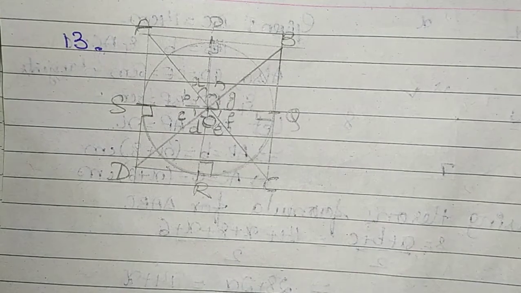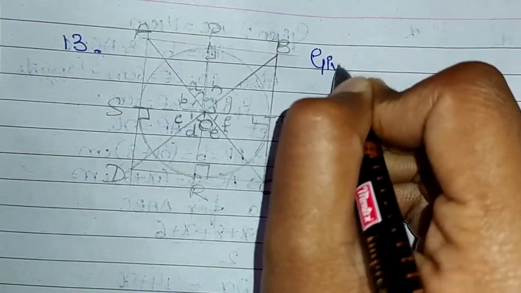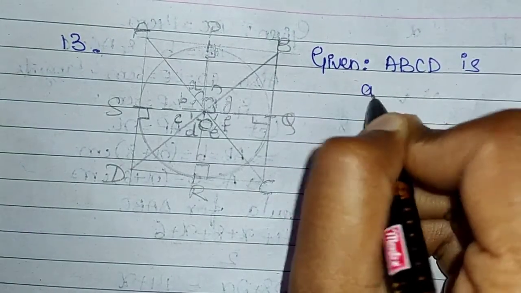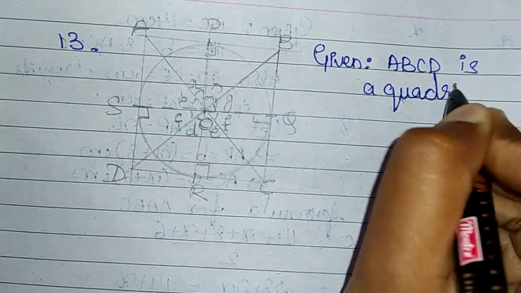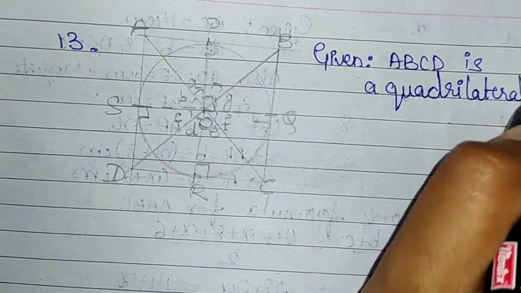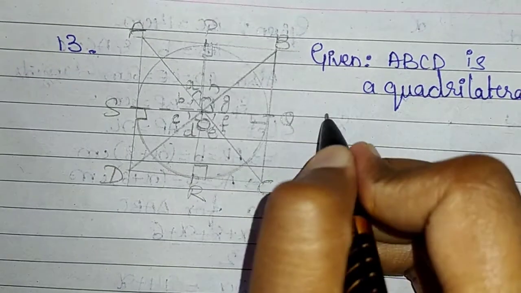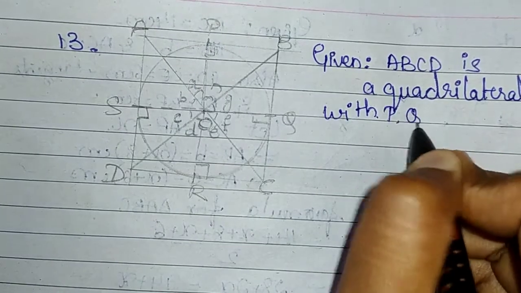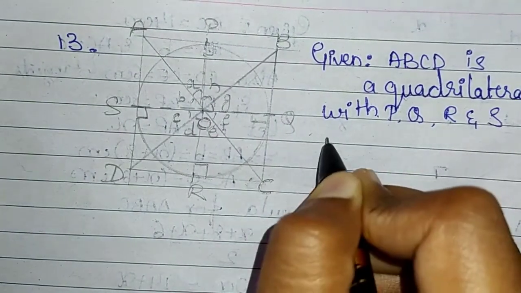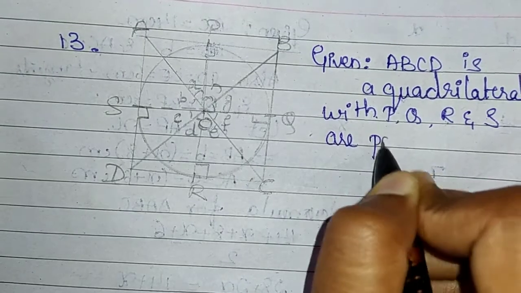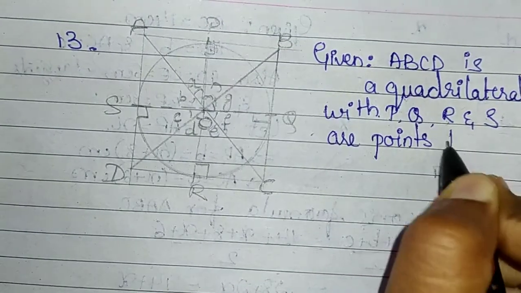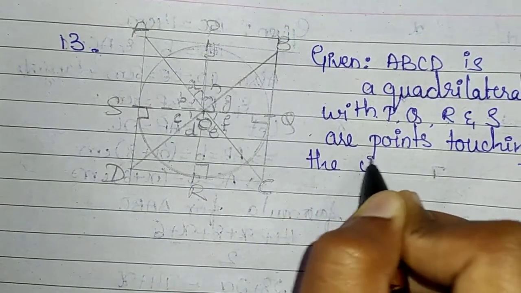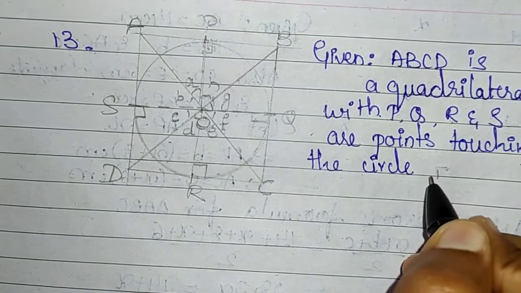So to do that, first let us write down the given. ABCD is a quadrilateral circumscribing a circle with center O, with PQRS, P, Q, R and S being the points touching the circle respectively.